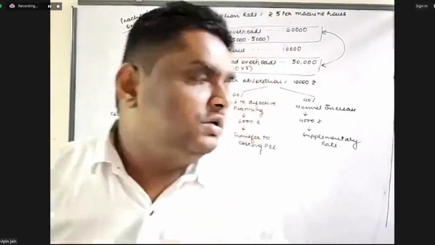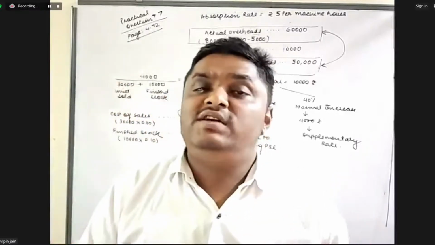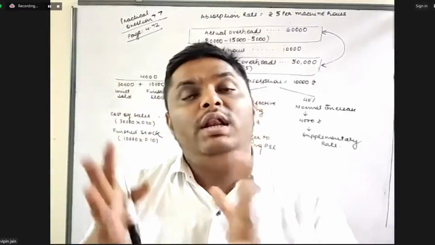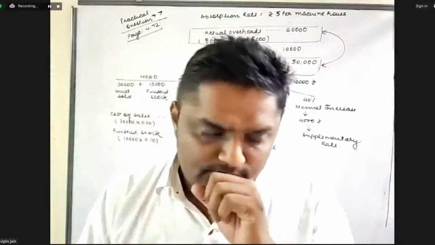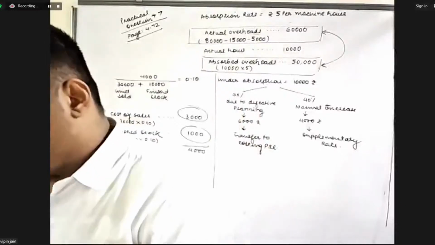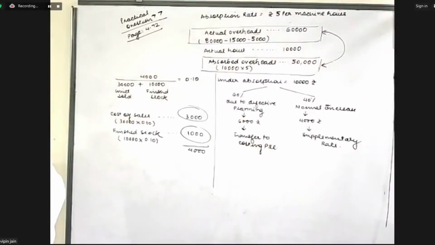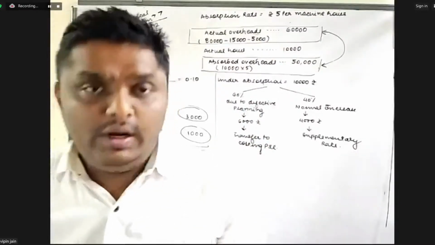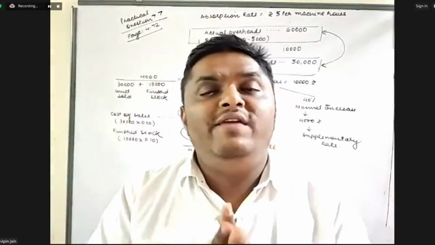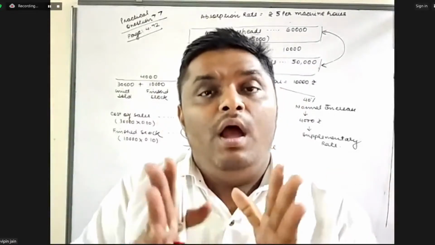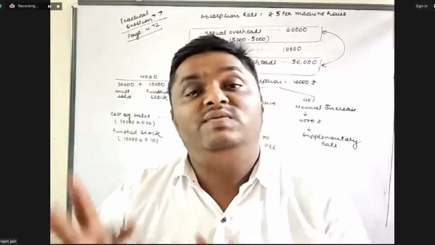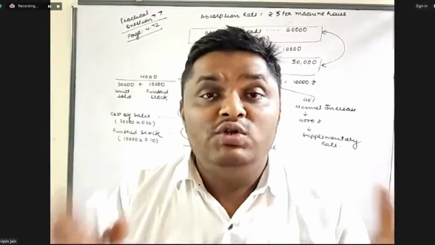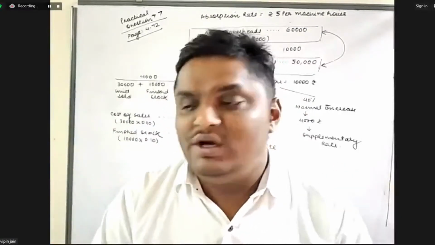Mr. Avinash, total units manufactured are 40,000. Out of 40,000 units, we sold 30,000 units. So 10,000 units are still in stock, Avinash.